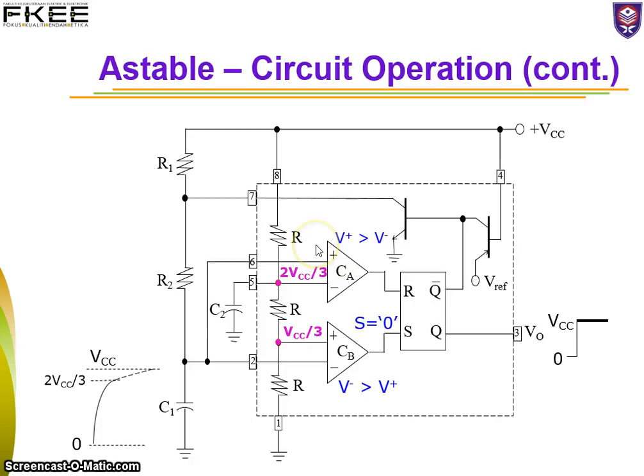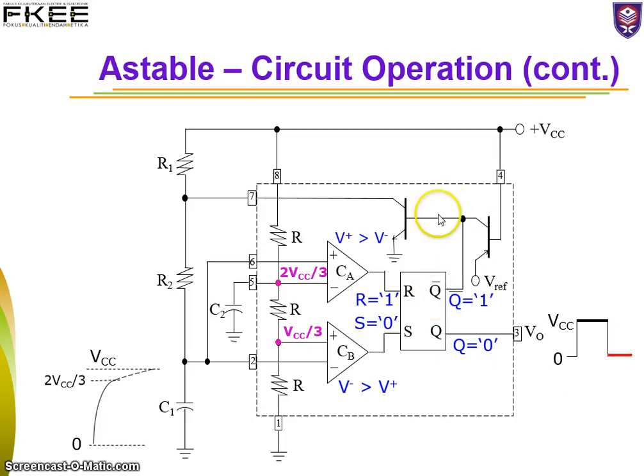Now we look at the moment when V plus is greater than V minus, which is somewhere over here. When V plus is greater than V minus, your upper comparator will produce logic 1. So your RS flip-flop R receives 1, S receives 0. Your output was previously high, now the output will be 0. Your Q will be 0 and Q bar will be 1.